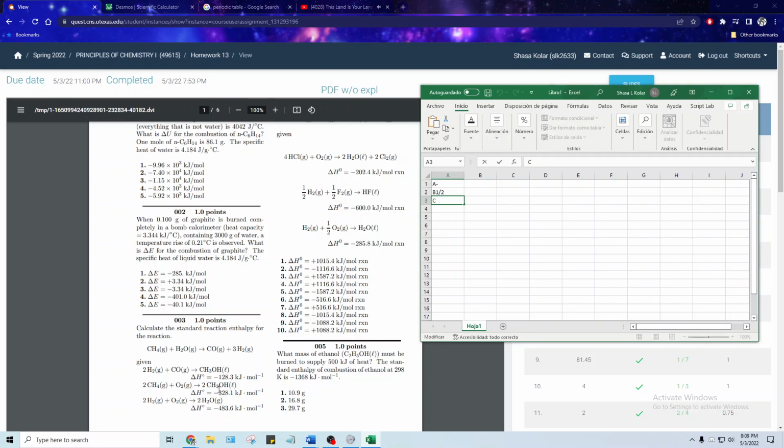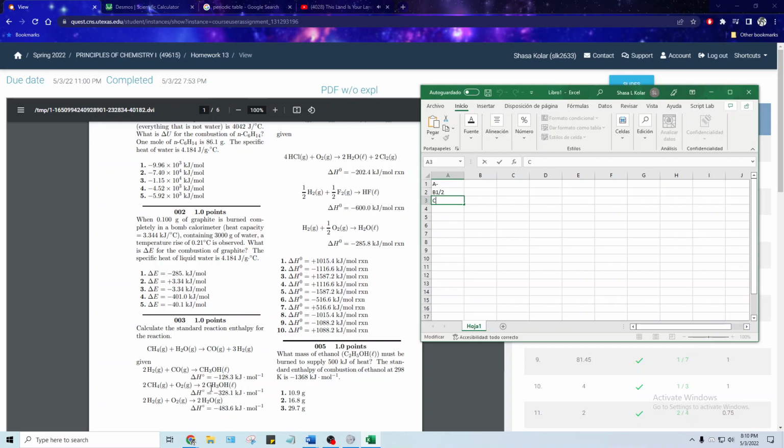And then C, we have this: 2H2 plus O2 makes 2H2O. The H2 is on this side, right? And then we're flipping this one already.